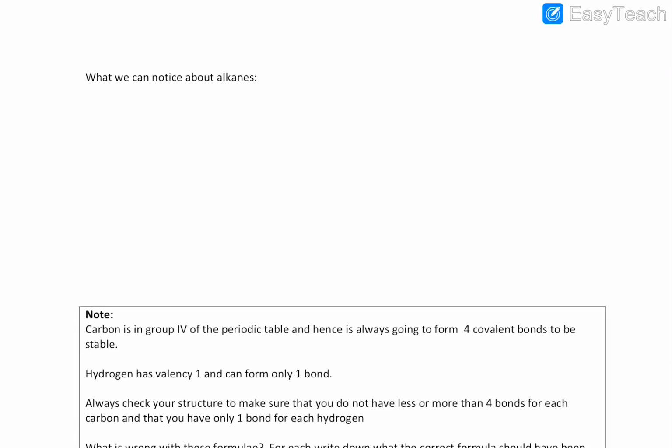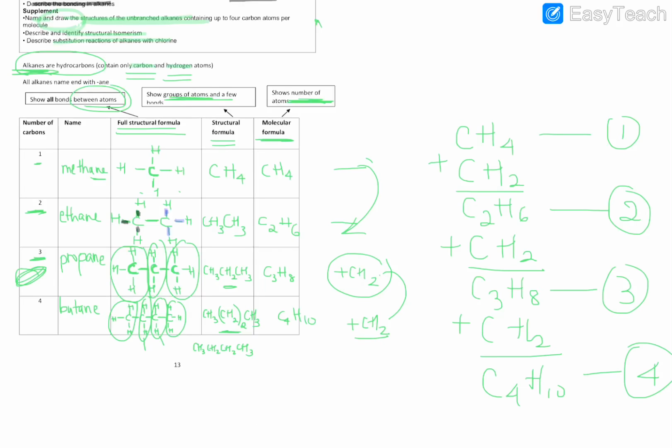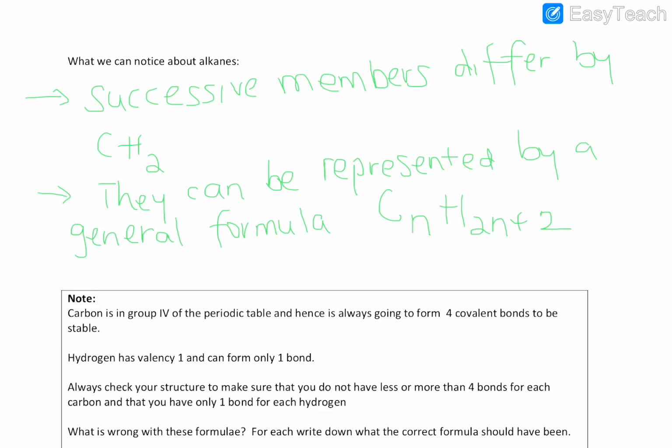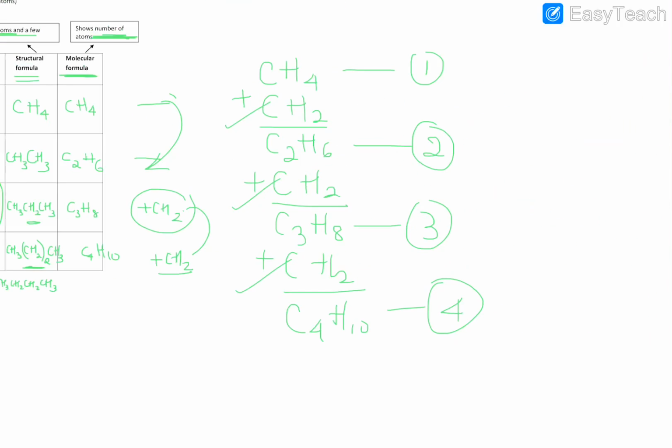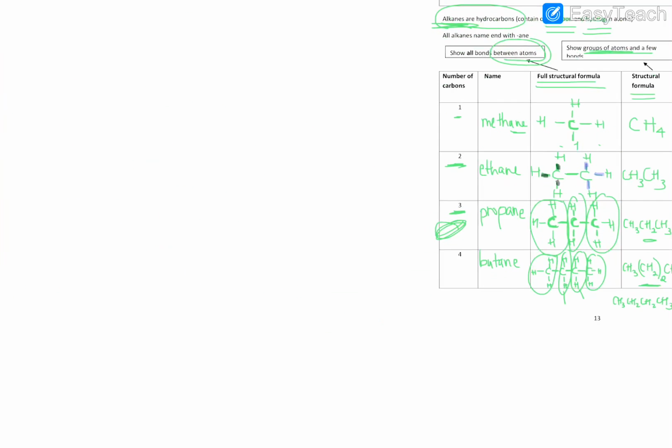So what we can notice about alkanes. So first thing, for each successive member, you add a CH2. Okay, that's the first thing you notice. And the second thing we notice is that they can be represented by a general formula. Let's see what that means. So we have CH4.